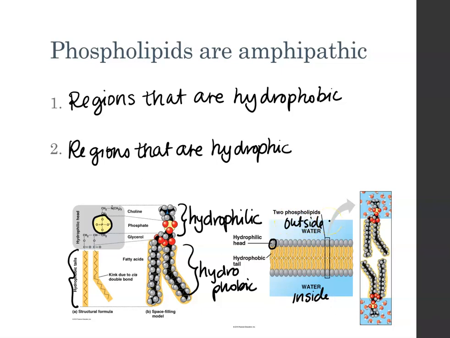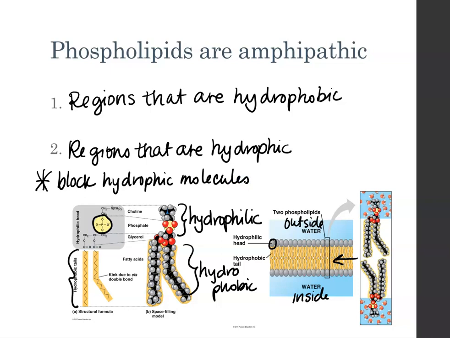And then the tails are repelled by that water. And so they orient in a double layer on the inside of those phosphate heads. Now, this amphipathic nature is really important because in general, it's going to block hydrophilic molecules.